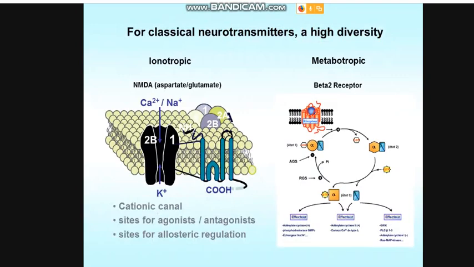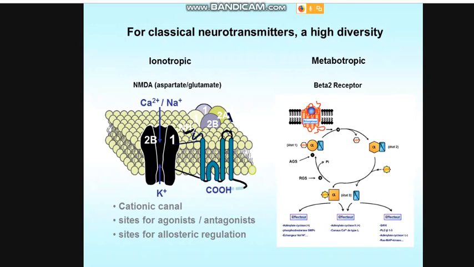On this slide, where I represent the 2 main aspects of neurotransmission and receptors, you have ionotropic and metabotropic receptors. Ionotropic being characterized by fast transmission, while metabotropic being characterized by slower temporality and maybe lower amplitude of effect.